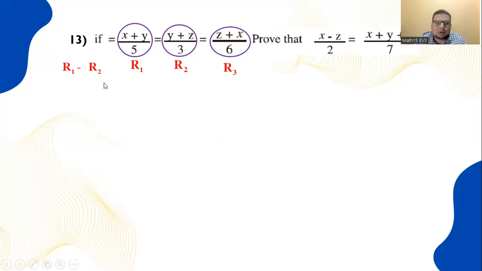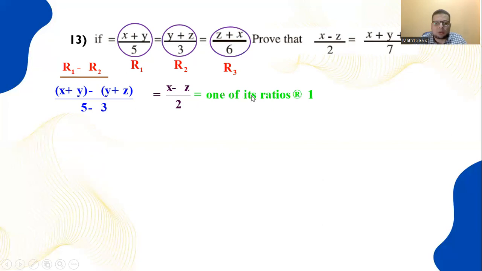Up and down, you will get one of the given ratios. R1 minus R2, you will get (x plus y minus y plus z) over (5 minus 3). So up will be x minus z only, because y minus y will be 0. 5 minus 3 is 2. So you will get one of the given ratios.